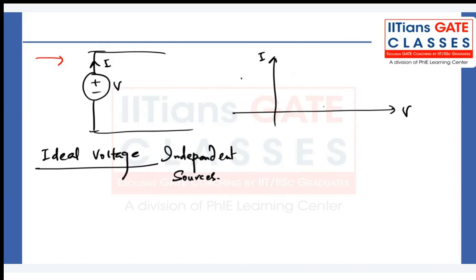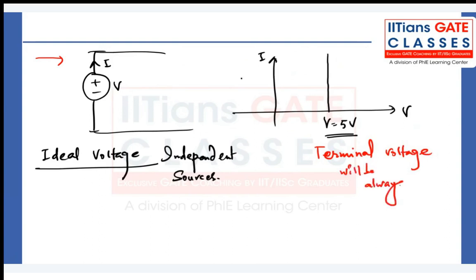Suppose the voltage is any voltage, you can say 5 volt. An ideal voltage source has this property that whatever current is flowing, it is not going to change this voltage. So the terminal voltage will always be the same, right?